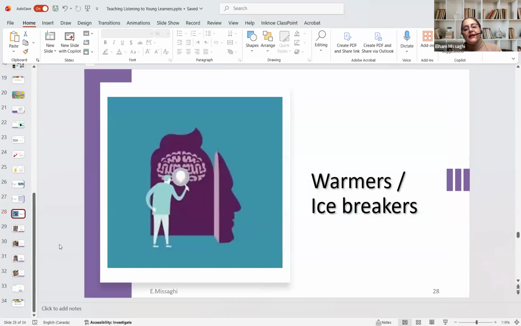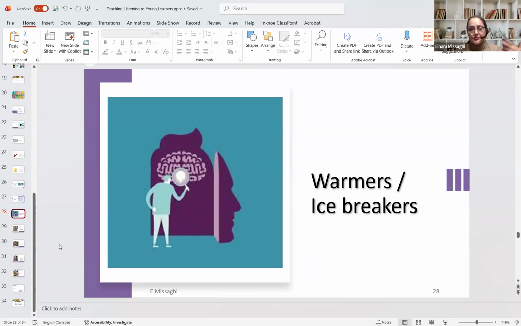Okay. Another important point on your lesson plan, in a TESOL lesson plan, is the introduction. And usually in teaching strategy books, it says warmers and icebreakers. Think about icebreakers. For all levels, for all age groups, students get bored.